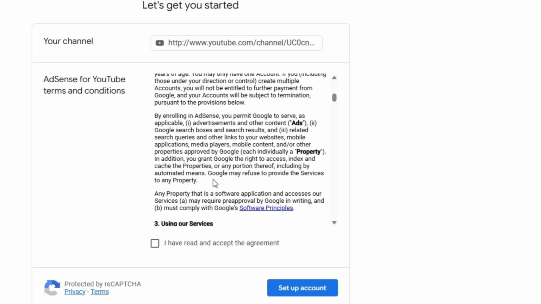In addition, you grant Google the right to access, index, and cache the properties, or any portion thereof, including by automated means. Google may refuse to provide the services to any property. Any property that is a software application and accesses our services, A, may require pre-approval by Google in writing, and B, must comply with Google's software principles.